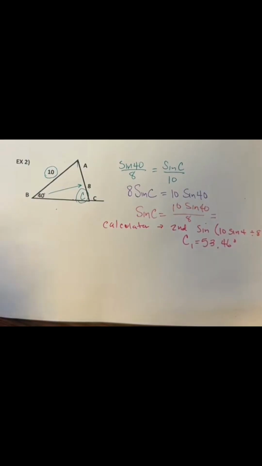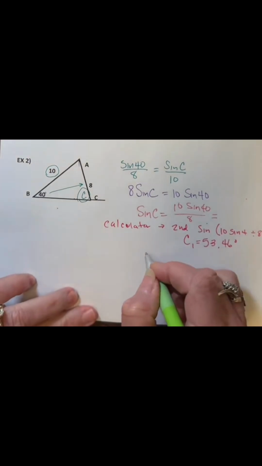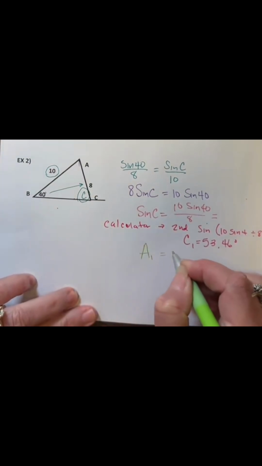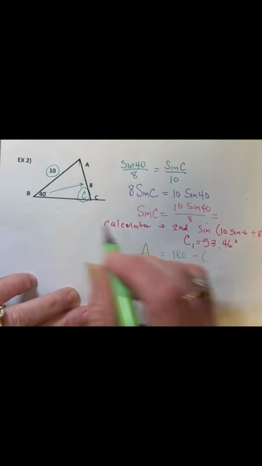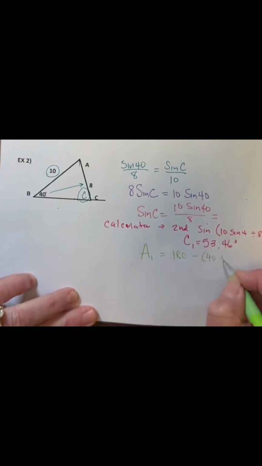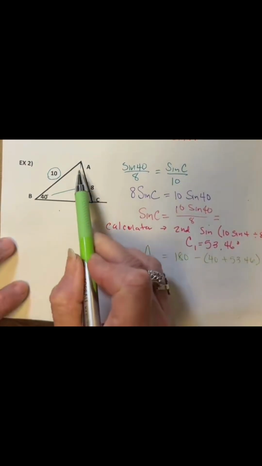So to get A1, I do 180 minus 40 plus 53.46, because the angles of a triangle all equal 180.